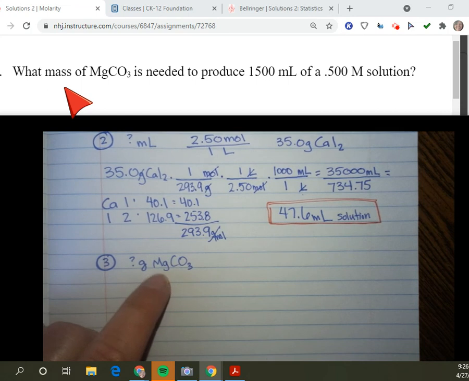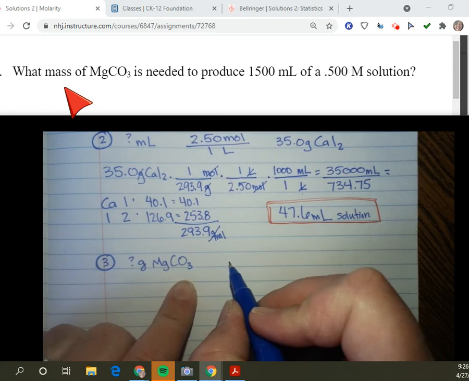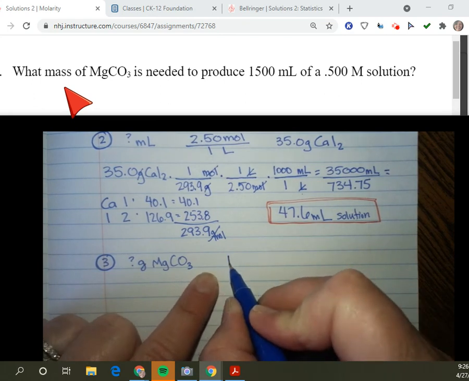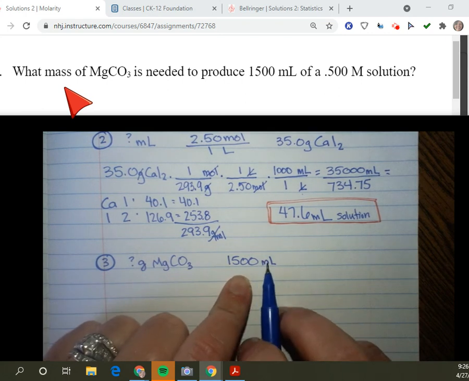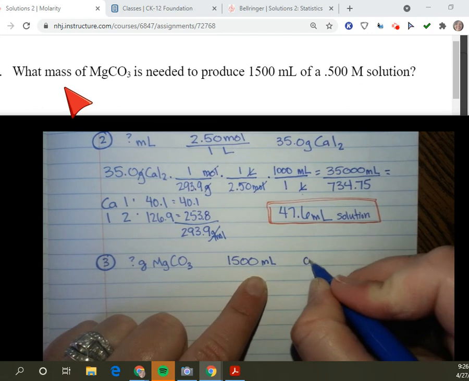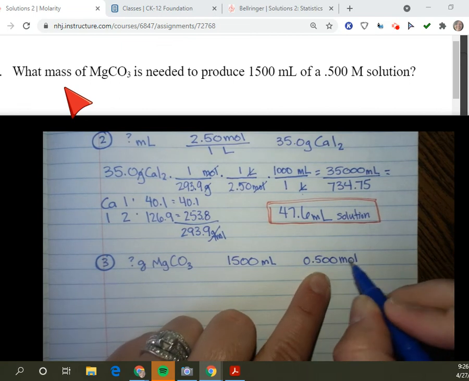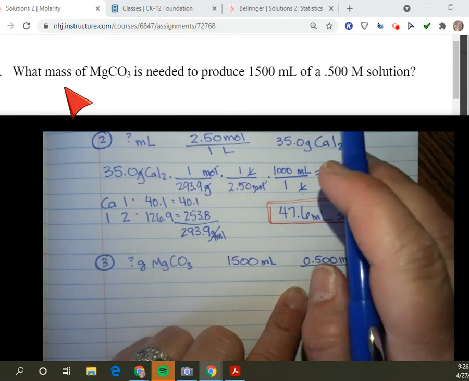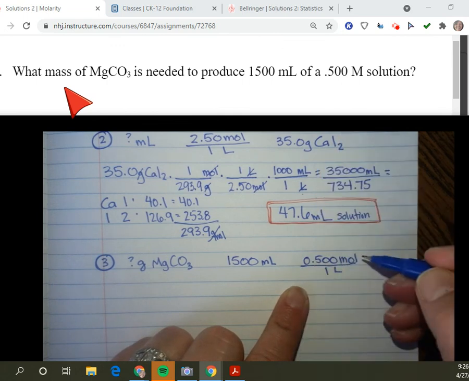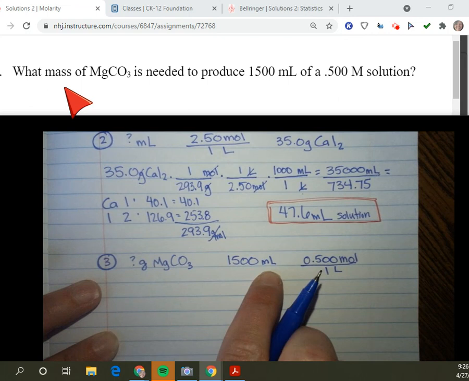So we know at some point we're going to have the molar mass of this, because we know that that molarity is moles per liter. Okay. We're producing 1,500 milliliters. So this is probably the number that we're going to start with, because we know that our molarity is really 0.5 moles per 1 liter. So that this molarity of the solution we have to get in our head is our conversion that we're using. Okay. All right. So let's start with what we know, our solid number.